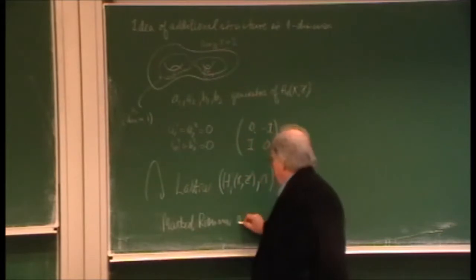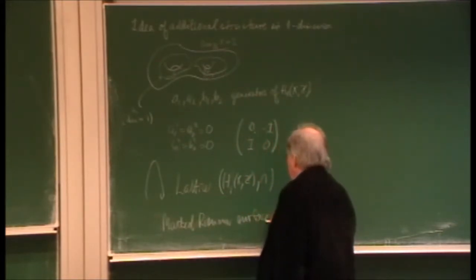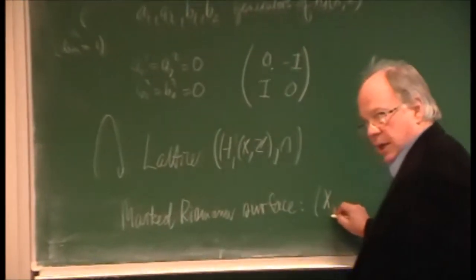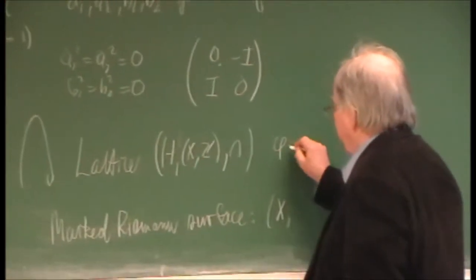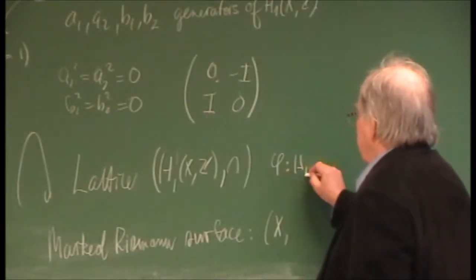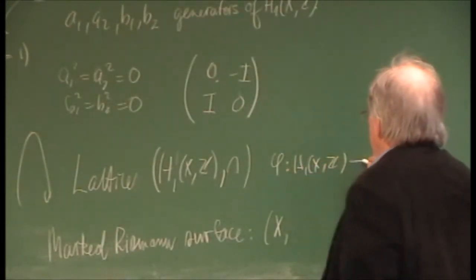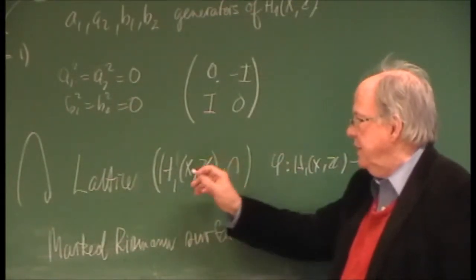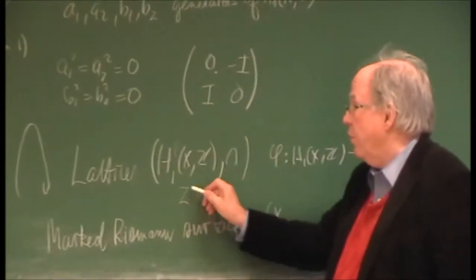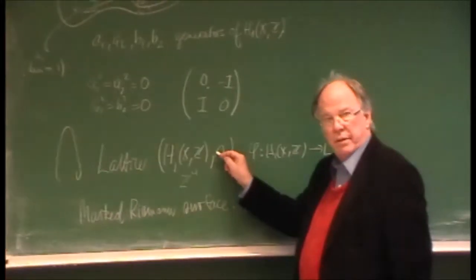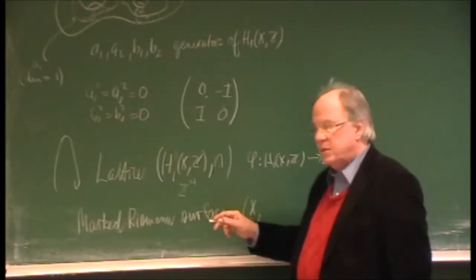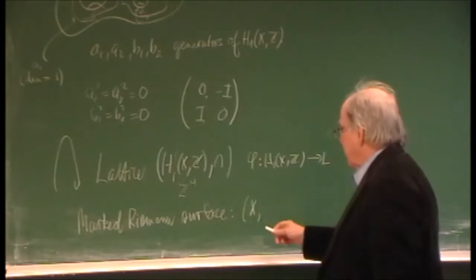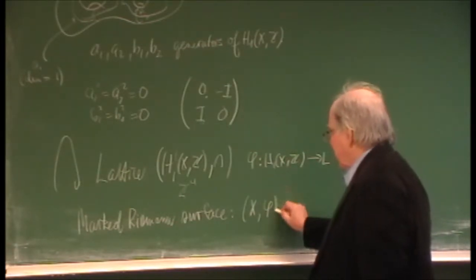I don't know his work, of course, but I know the answer. A marked Riemann surface in this sense is the surface X with a marking, and a marking is an isomorphism from H1(X, Z) to a fixed lattice. The fixed lattice is, in this case, Z^4 equipped with this intersection pairing. This is of course not positive definite. So that is a marked Riemann surface.